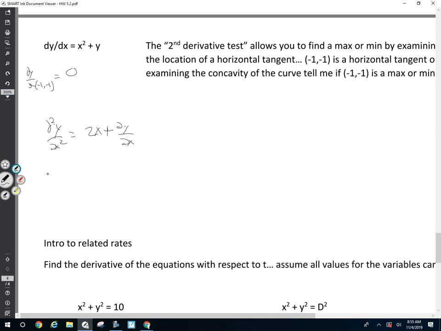And if I evaluated that at (-1, -1), I would get 2 times -1 plus, if I plugged in (-1, -1) into the dy/dx, this is a 0. So I get -2. So that means the curve is concave down.